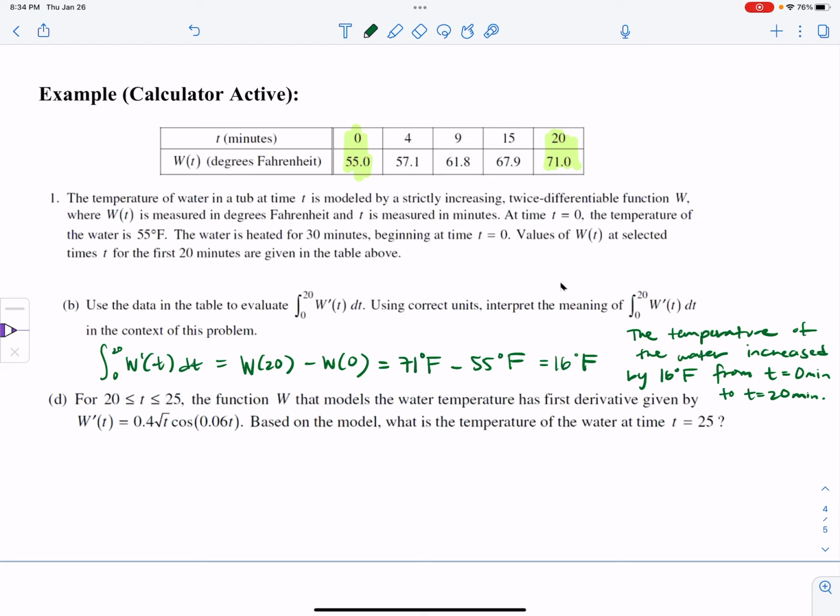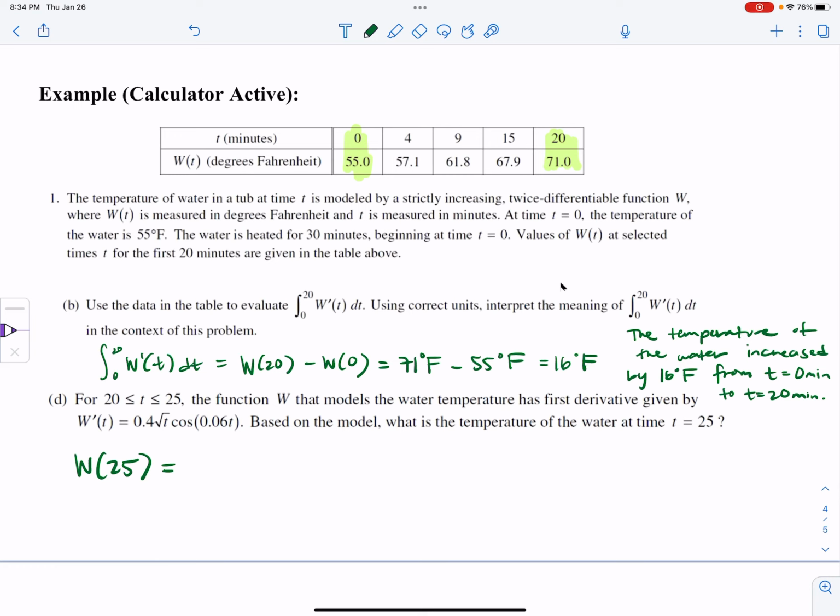Based on this model, what is the temperature of the water at t equals 25? So we want to figure out what W of 25 is. We want to know the temperature in degrees Fahrenheit at t equals 25 minutes.